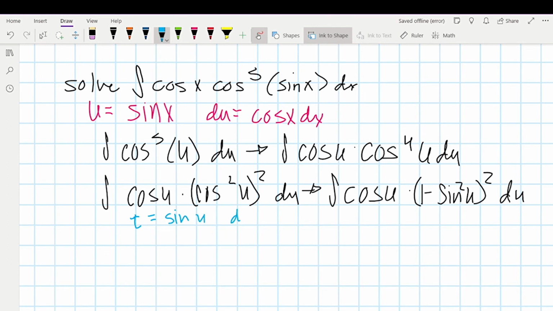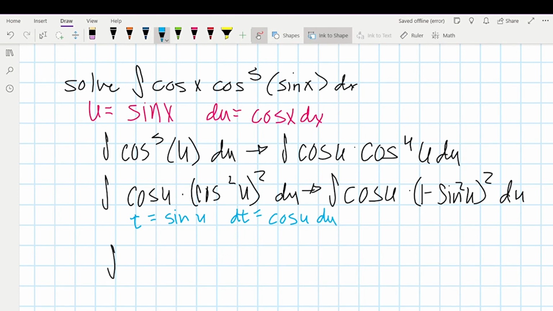And our dt will be cosine of u du. So now, putting this back into our integral, cosine of u will be canceled out, and I forgot my du here.